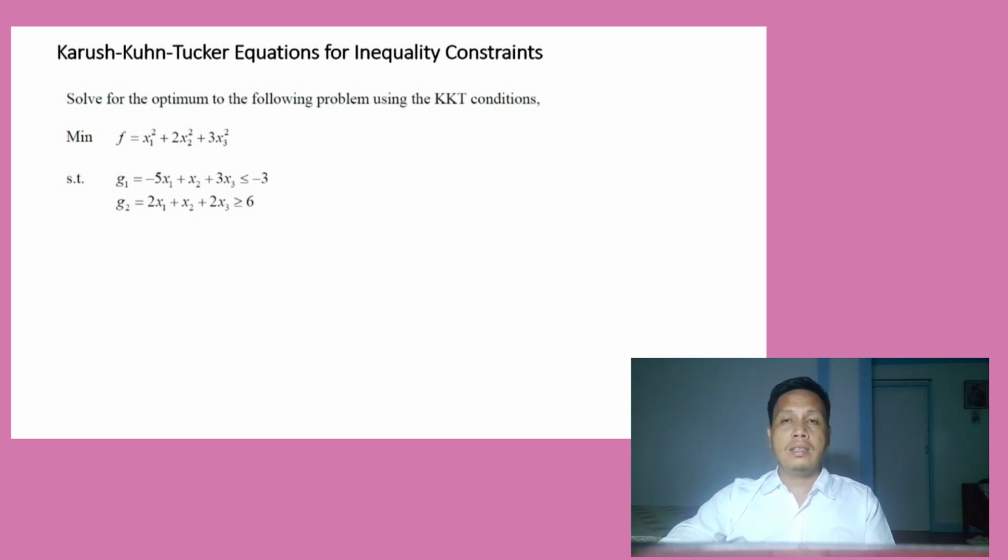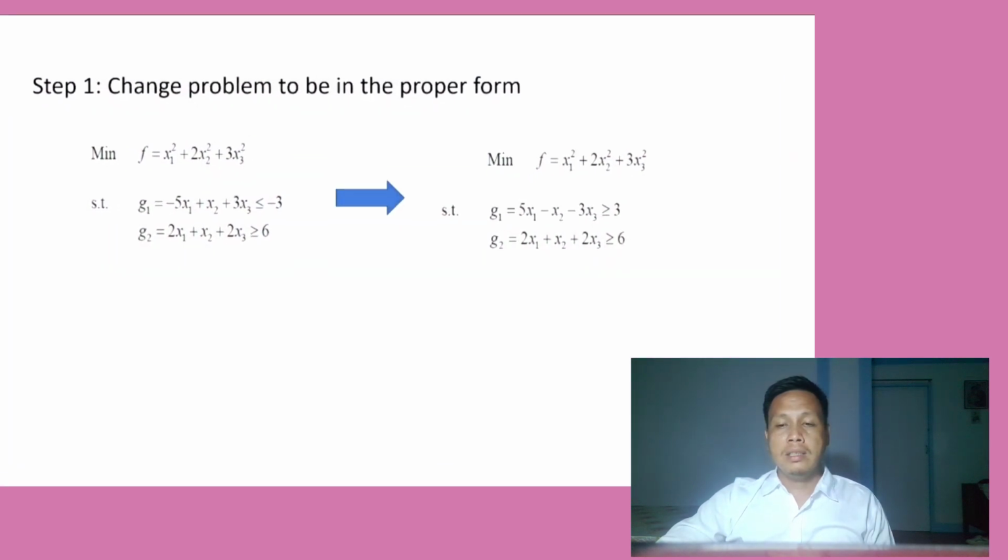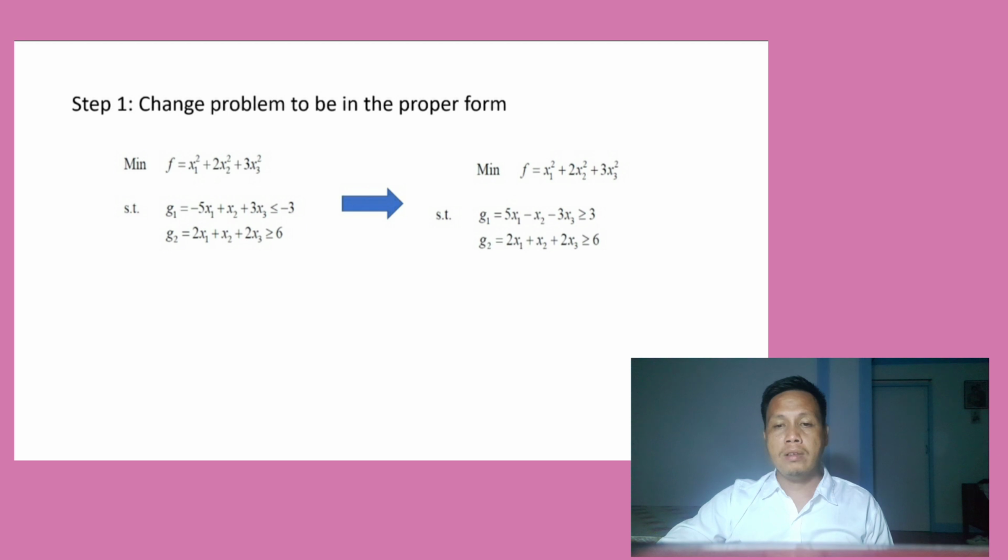For this example we will follow steps. Step 1, change the problem to be in the proper form. From g sub 1 equal to negative 5x sub 1 plus x sub 2 plus 3x sub 3 less than or equal to negative 3, we will rewrite the equation.